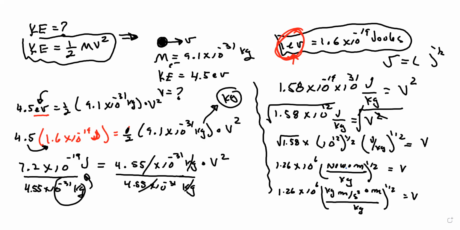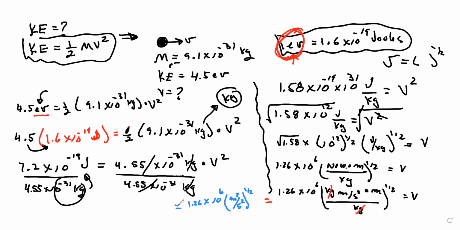So your kilogram is going to cancel with the kilogram. Meter times meter is going to give you meter squared. So I'll do it over here. This is going to be equal to 1.26 times 10 to the 6, and then you got meters squared over seconds squared, but you still have to get the square root of this.